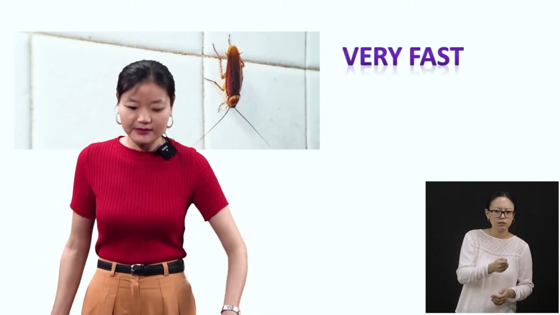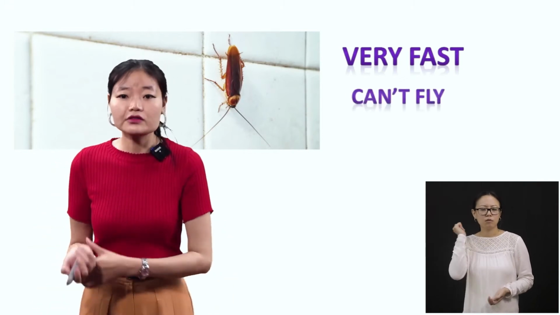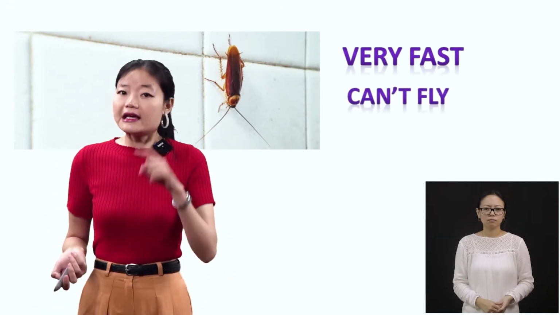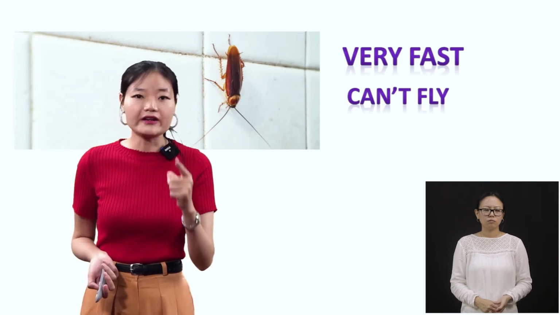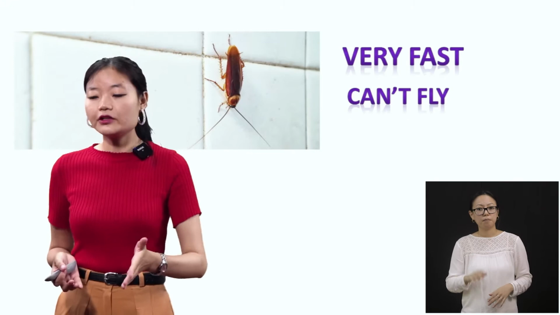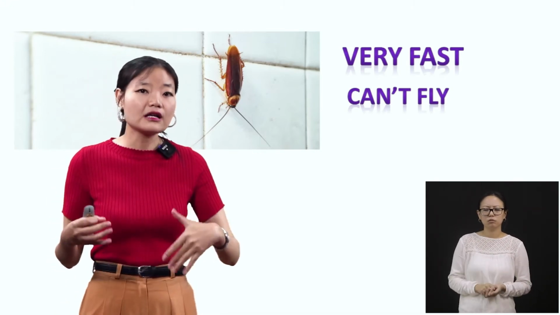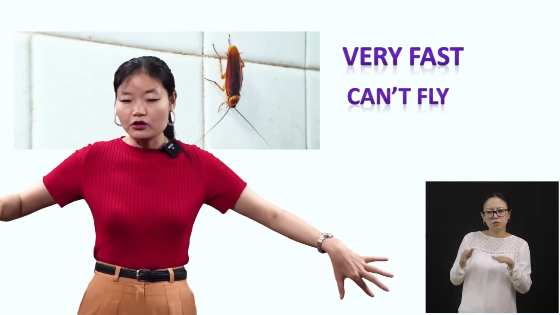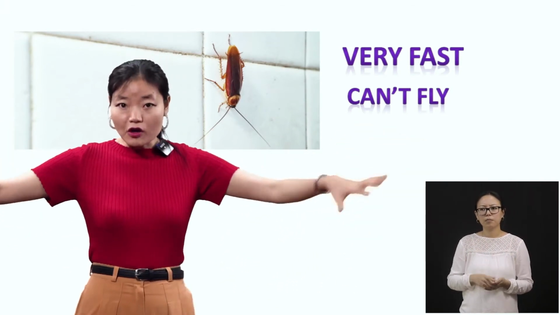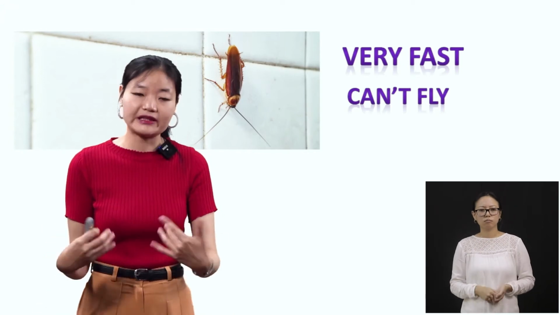The reason is that they run very fast. This cockroach is that particular insect that has wings but can't fly. I can tell you that in a small room they can fly for a short distance, but they cannot fly for a longer distance. So a cockroach has wings but can't fly.